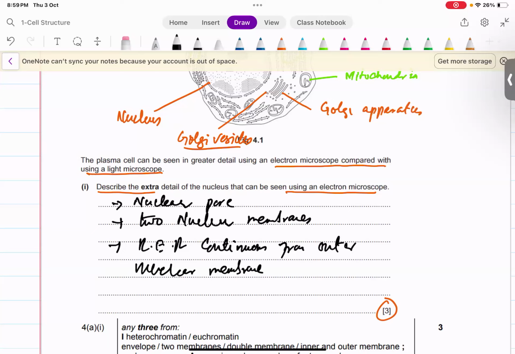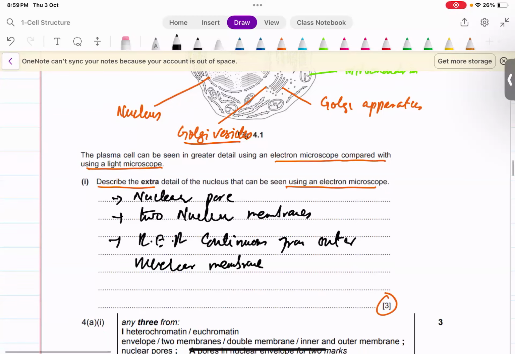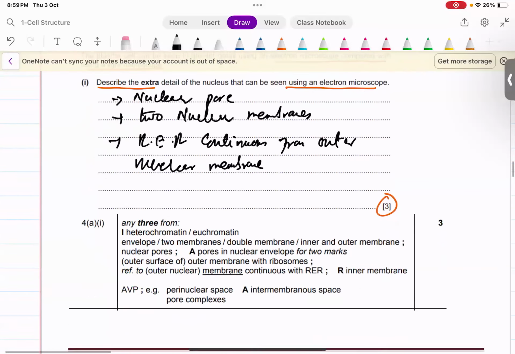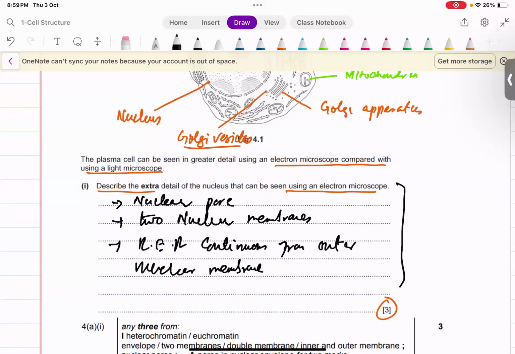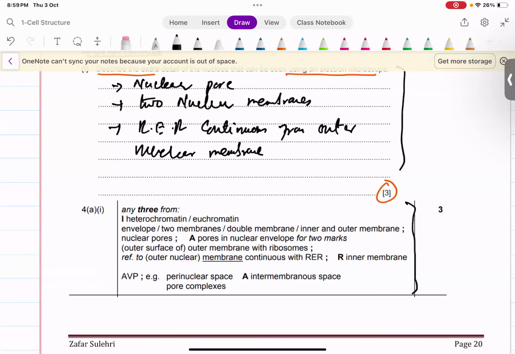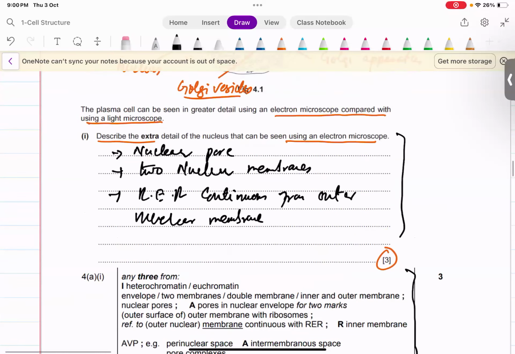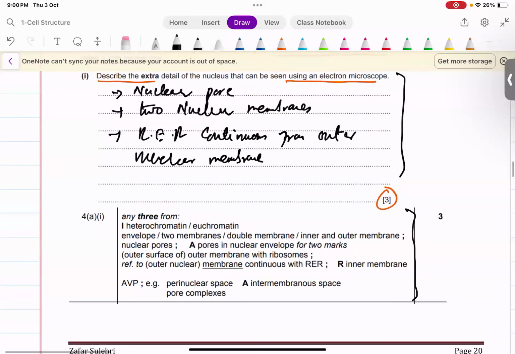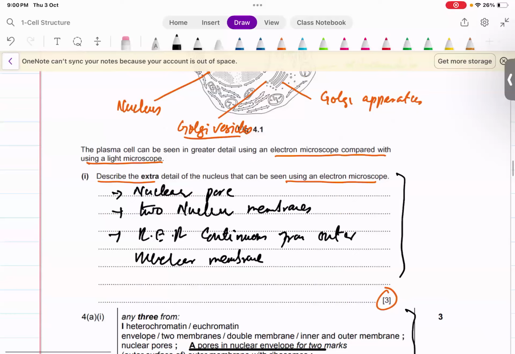Ribosomes on the outer nuclear membrane are also visible. So these are the extra details that could be seen under an electron microscope. You will have these questions in these sheets with the mark schemes. These are carefully selected questions with their mark schemes, and that would help you to understand these concepts and prepare your notes. Okay.